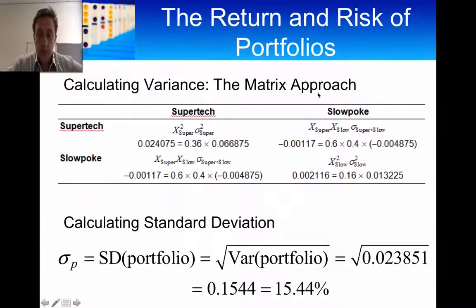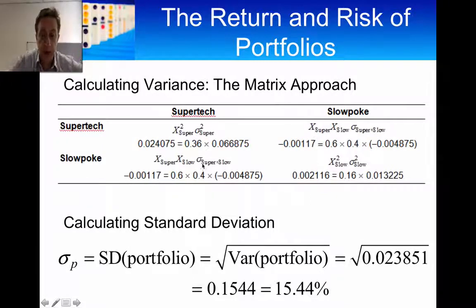So, looking at these squared terms, the variance of a portfolio is equal to the weight of asset A squared times the variance of asset A, plus the weight of asset B squared times the variance of asset B, plus this term here.